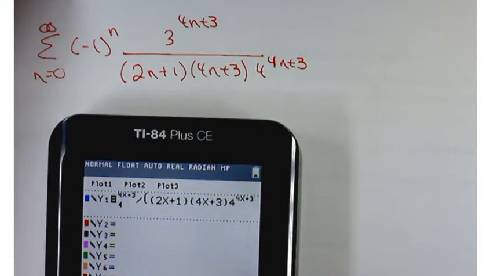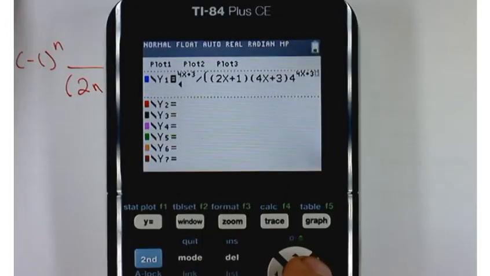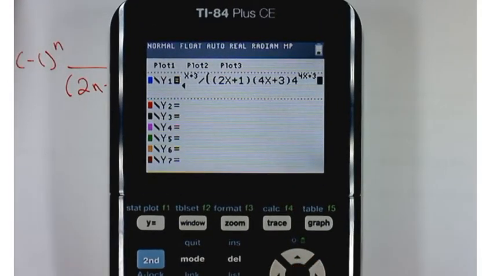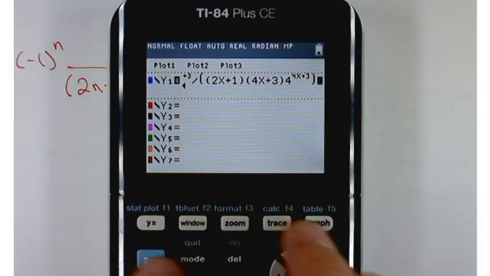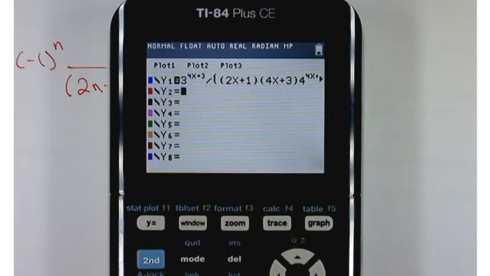Exit the exponent with the little right arrow key, and then I need another parenthesis around the entire denominator. So I think I'm in good shape there.